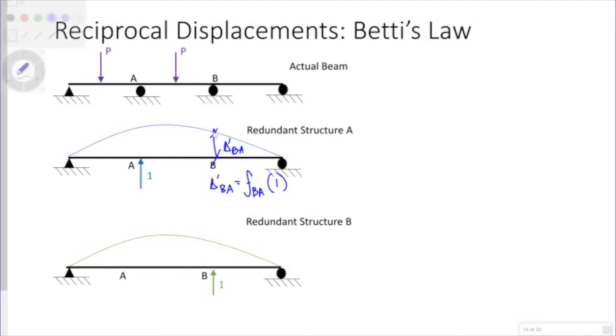If I want to find the deflection at A due to a unit load at B, I find the flexibility coefficient, AB, and I multiply it by the load, 1.